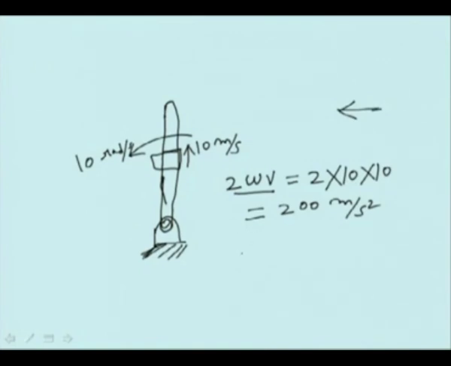The Coriolis acceleration does not depend on the position of the slider on the ring. It depends on the relative velocity. However, there will be another component, the centripetal acceleration of this particle, which depends on the relative position and is given by 10 squared divided by r, where r is the distance. So this component decreases as the particle moves.